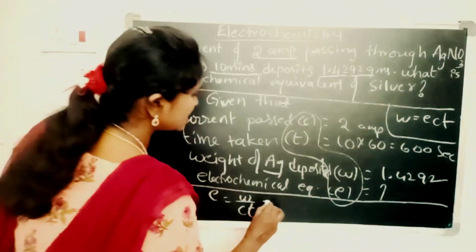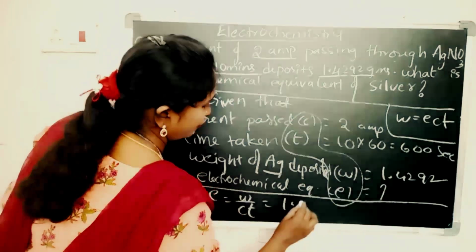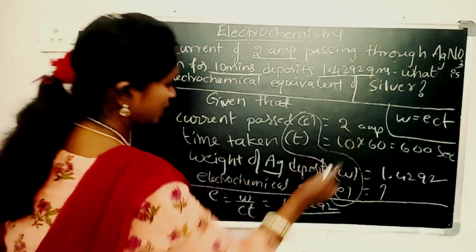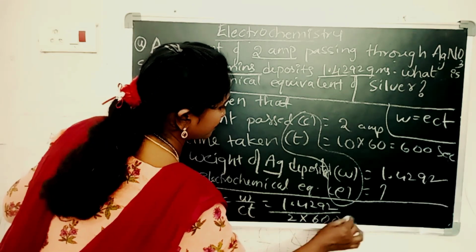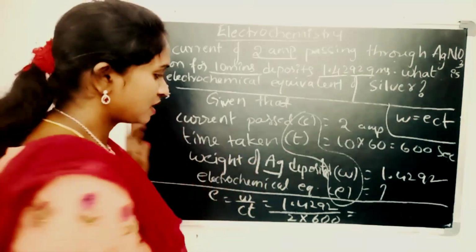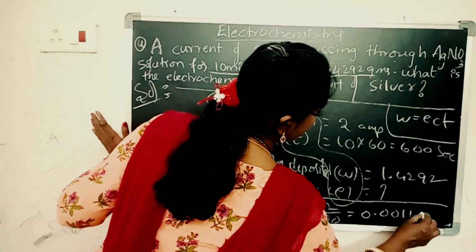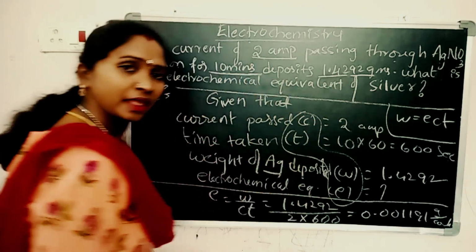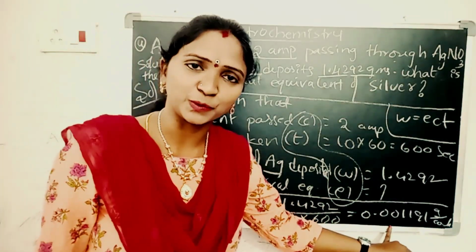W is 1.4292, by C equal to 2 into 600. Here we will get the answer: 0.001191 grams per coulomb. So finally we get the small e value.